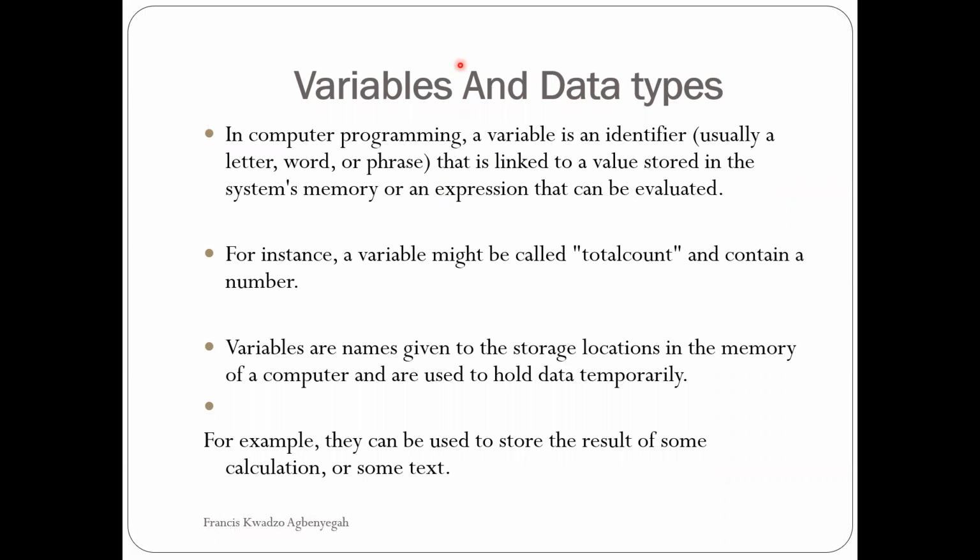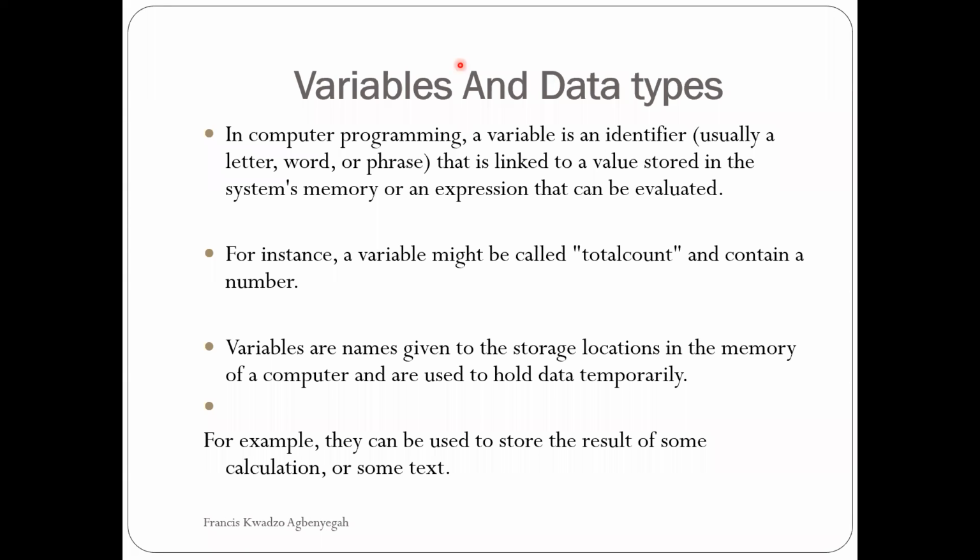So in our computer programming, a variable is just an identifier. This variable can be a letter, a word, or a phrase that is linked to a value stored in your computer's memory. Or your variable can also be an expression that can be evaluated.